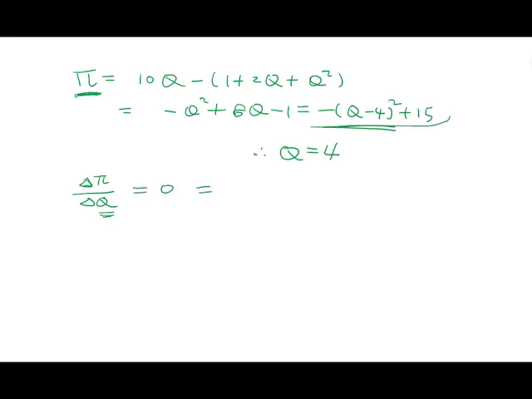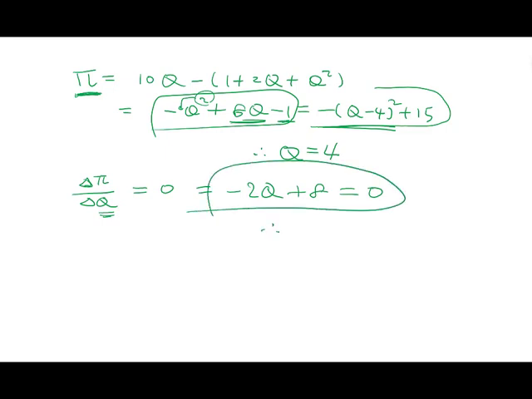So when you apply basic calculus, you have minus 2Q, because the power comes down, right? And plus 8 from the second term, and the constant doesn't change, so the derivative of minus 1 is 0. Therefore, you arrive at the same conclusion. Q should be equal to 4.